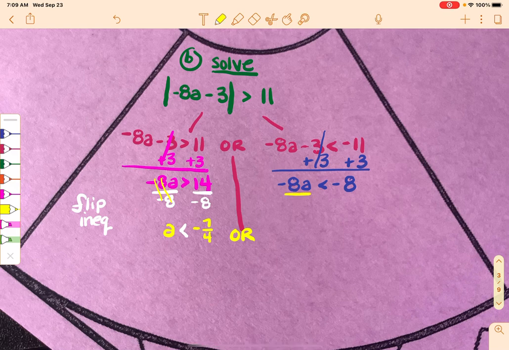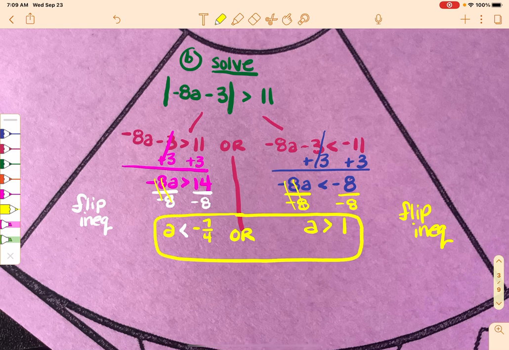So I'm going to divide by negative 8. Now again, that means I'm going to have to flip my inequality, because I just divided by a negative number. So that means instead of it going this way, it's going to go this way. So these cancel, I'm left with a. Negative 8 divided by negative 8 is going to be 1. So there's my two inequalities.